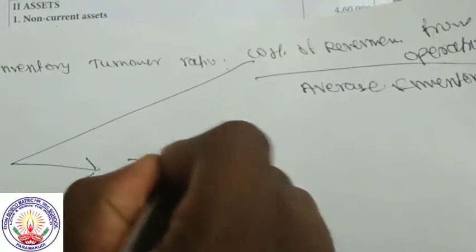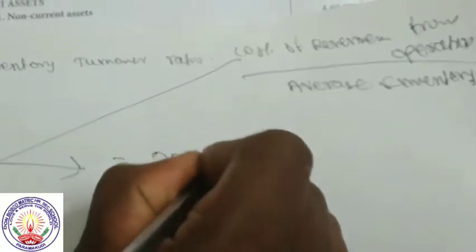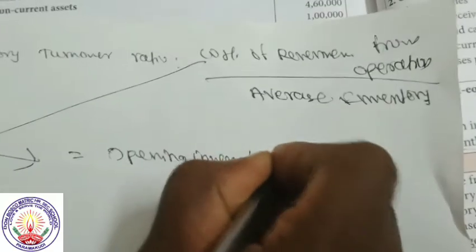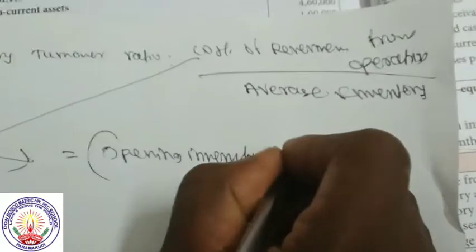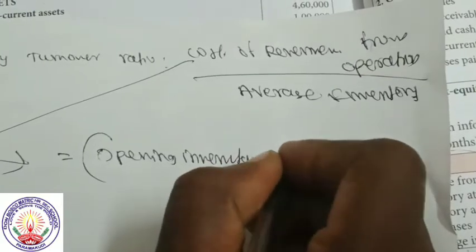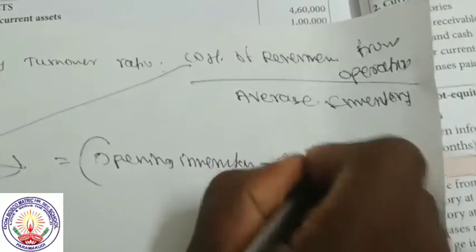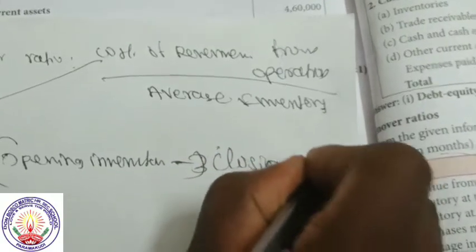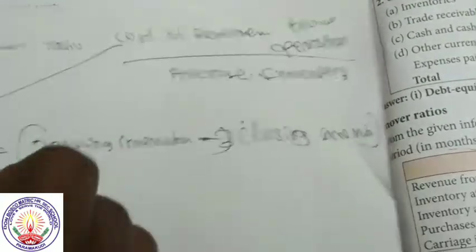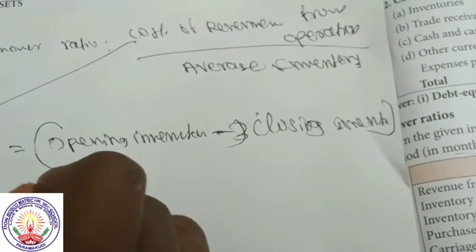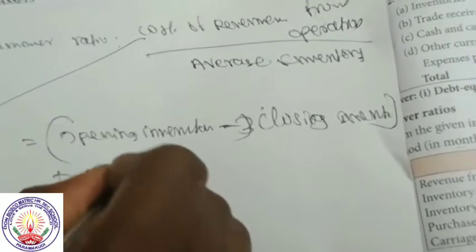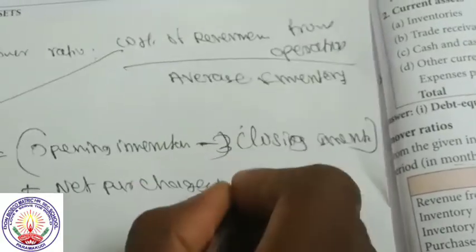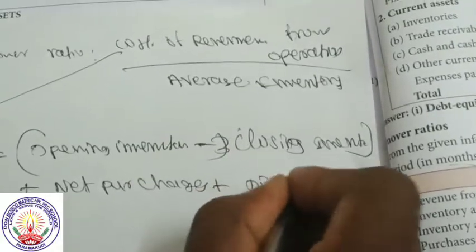It is equal to opening inventory minus closing inventory plus net purchase plus direct expense.